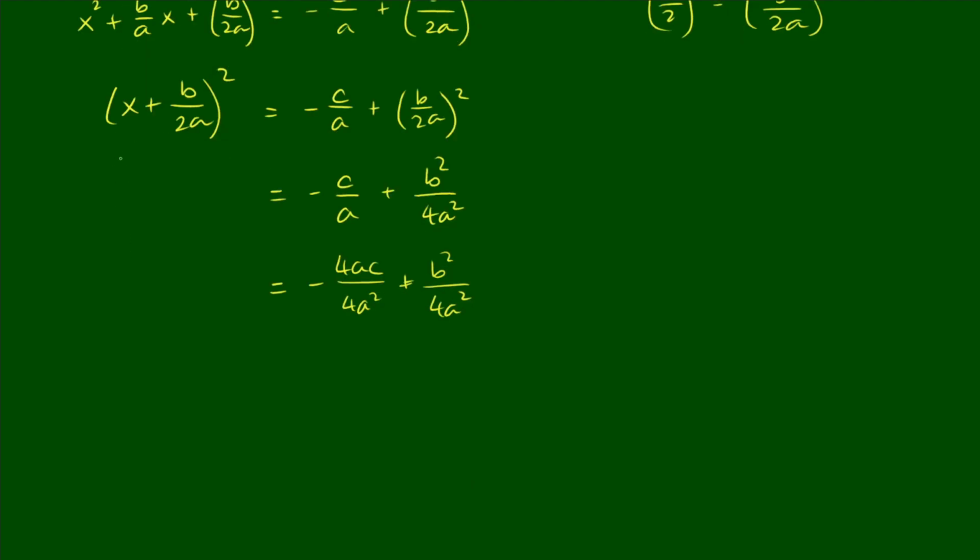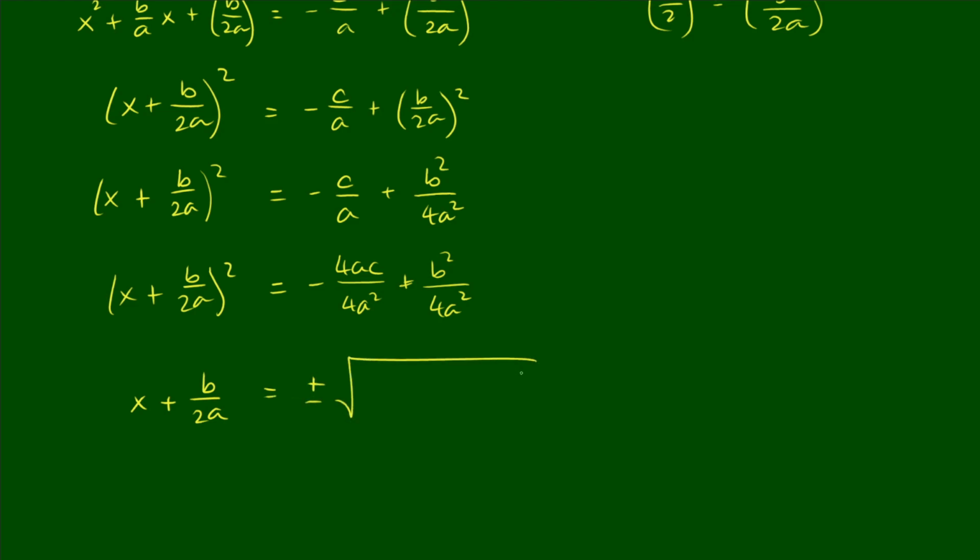Okay, let's write that left side again. Let's not forget that. Taking the square root, you get x plus b over 2a equals plus minus the square root of everything that was on the right side. So you have minus 4ac plus b squared, all of that over 4a squared, because it's a common denominator.